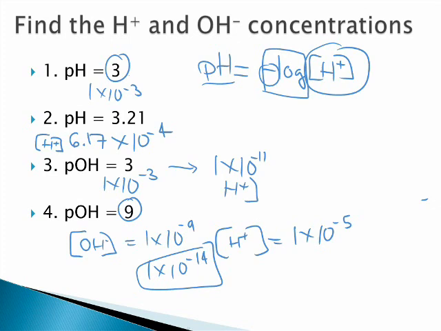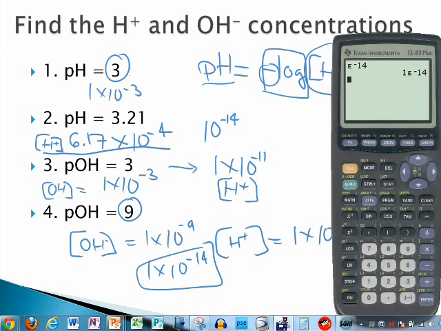Number 2 is a little more difficult because we're going to have to take 10 to the minus 14 and subtract, or really divide, by 6.17 times 10 to the minus 4. So here we have 10 to the minus 14. Let's divide that by 6.17 e to the negative 4.